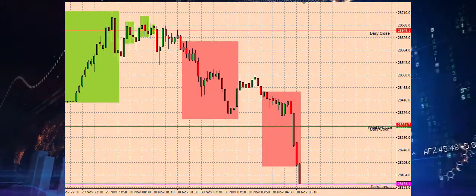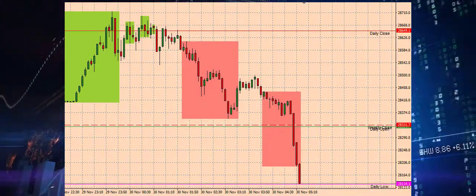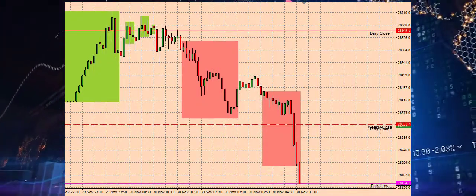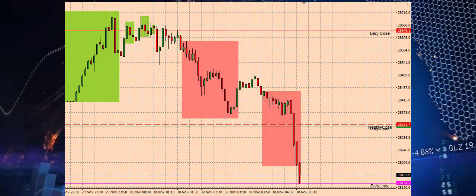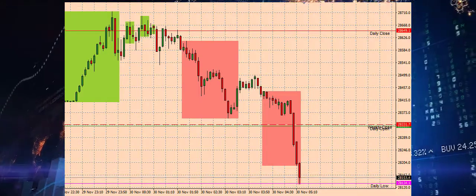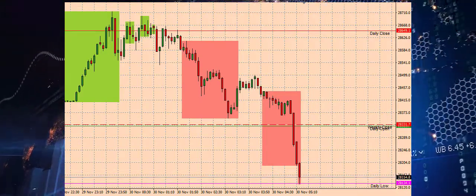Here we're approaching the daytime low. And that's a good sign. If you're in a short position on the Japanese market, if it blasts through this daytime low, chances are it's going to go down much further.